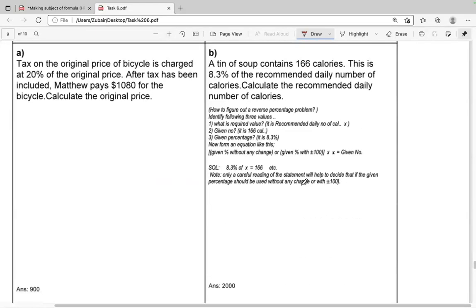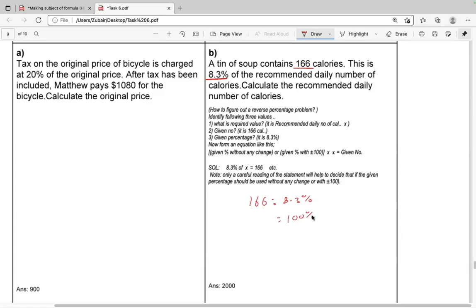A tin of soup contains 166 calories. This is 8.3% of the recommended daily number of calories. Calculate the recommended daily number of calories. 166 is 8.3, so full should be 100. 166 calories is 8.3% of the recommended.